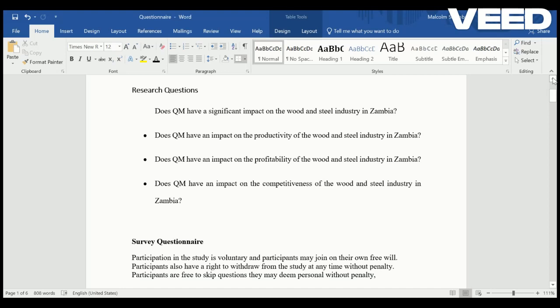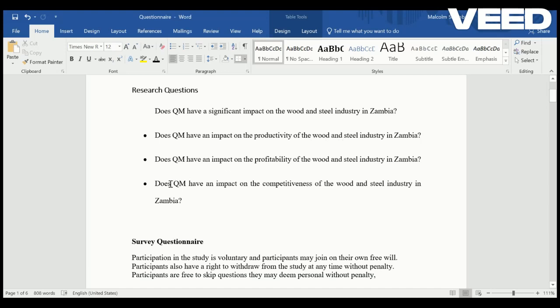That's the study. The main research question was, does quality management have an impact on the wood and steel industry in Zambia? Then the sub questions were, does quality management have an impact on productivity of the wood and steel industry in Zambia?